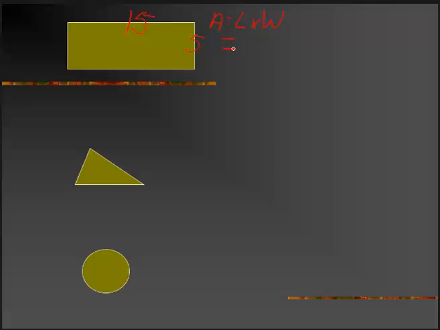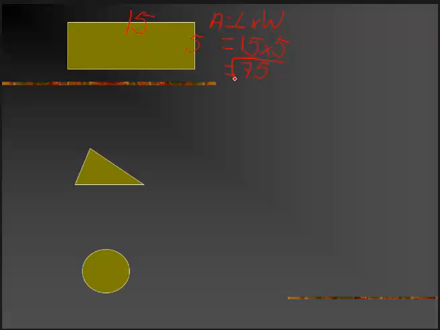So again, we work in a methodical way, writing down our formula first and then going directly underneath each letter, filling in the blanks. We don't know what the area is, so we're leaving that blank. The length is always the long side, so we call that 15. And the width is always the short side, which is 5.